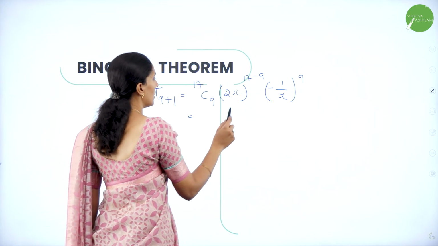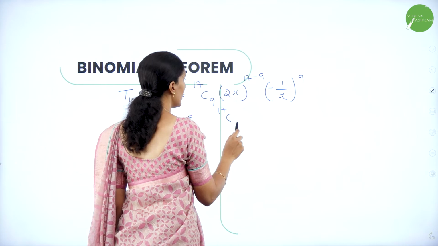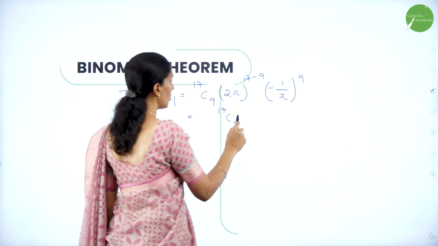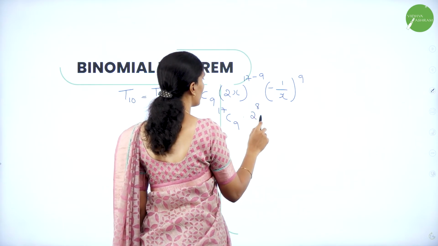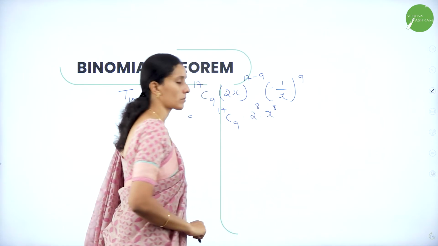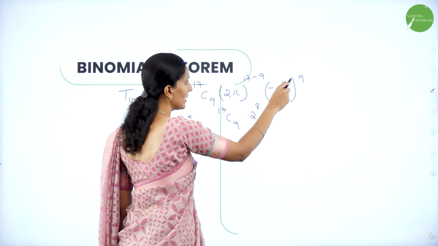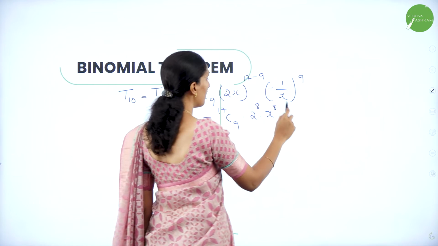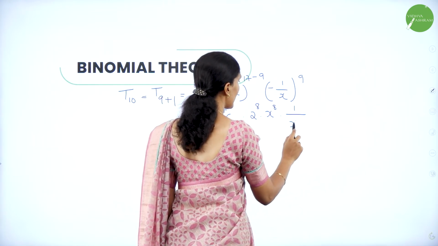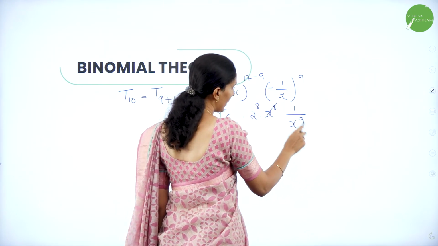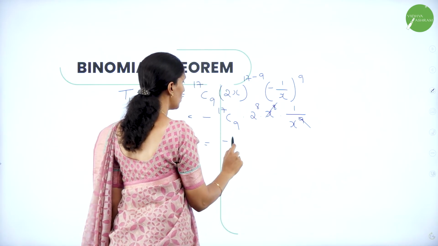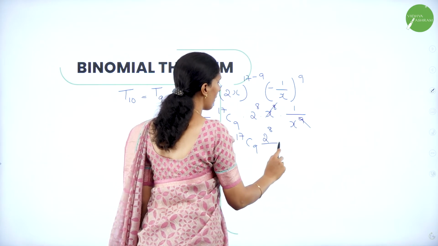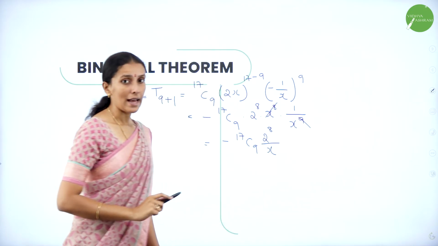Now 17 minus 9 is 8, so this is 2 power 8 x power 8. And you have minus with odd power, so therefore the value is negative. 1 power 9 is 1 and this is x power 9. x power 8 and x power 9 get cancelled. So minus 17C9 into 2 power 8 divided by x is your answer.